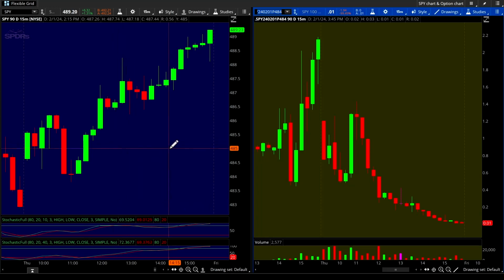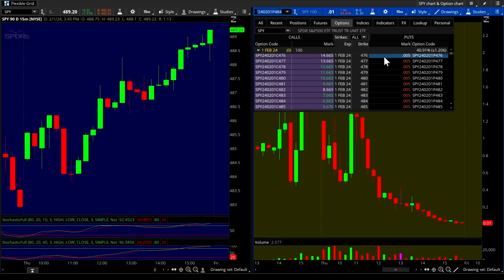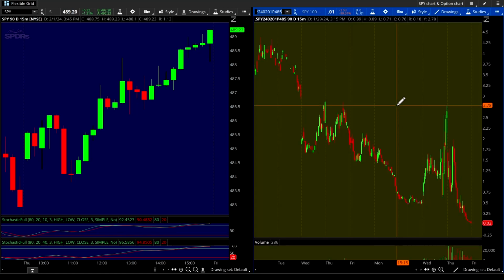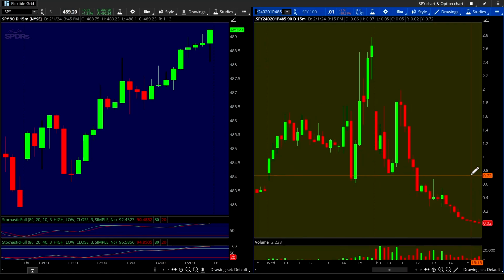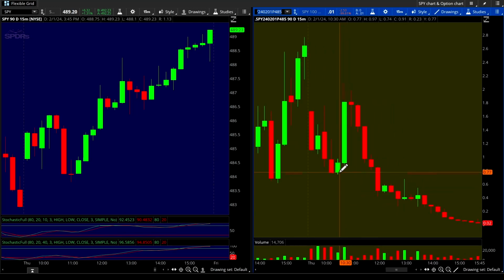But I want to take a look at the 485 put. Let's take a look at that. It's going to be a little bit more expensive. Let's zoom in on here, and right there, what do we got? Low $74, and a high of the next candle 181.